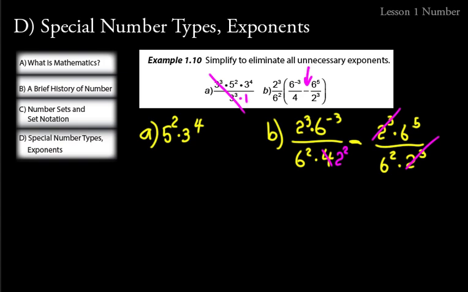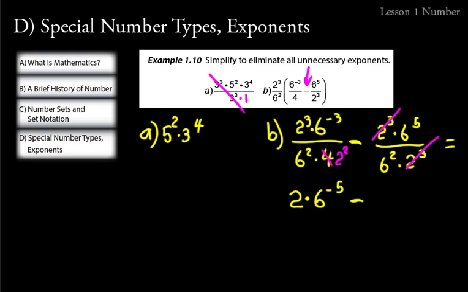So we could think about it like that. In the first expression there, we'd have a 2 cubed over 2 squared. That's like a 2 to the 3 minus 2 in the numerator. So 3 minus 2 is 1, or just 2. And then move the 6 squared up to make it a 6 to the minus 2. So we'd have minus 2 minus 3, that's 6 to the minus 5.